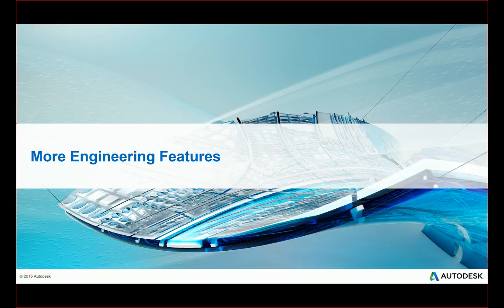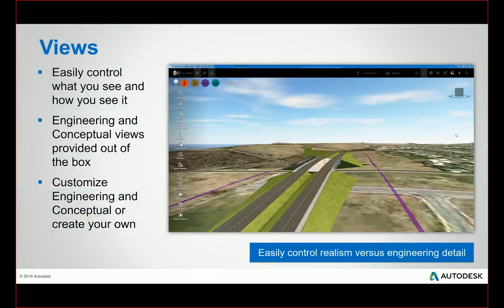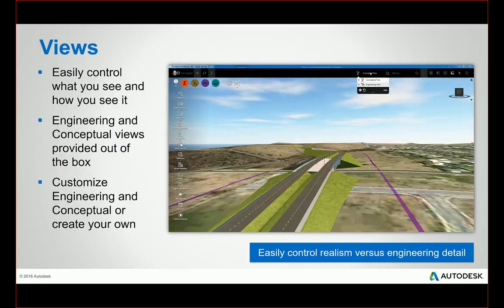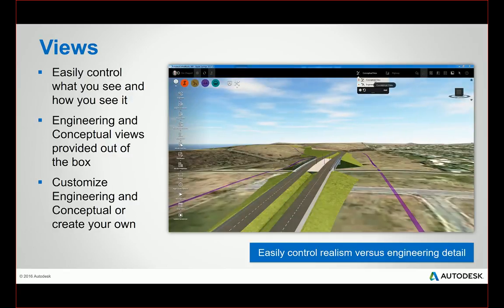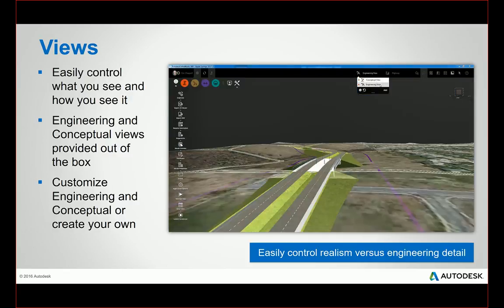So let's first look at improved engineering features. Now, while InfraWorks 360 is fantastic in that it has more real-world, fully rendered views from the very beginning, there are times when, as engineers and designers, we may want to view our models differently. So we now have the ability to change to an engineering view, which is more simplistic.